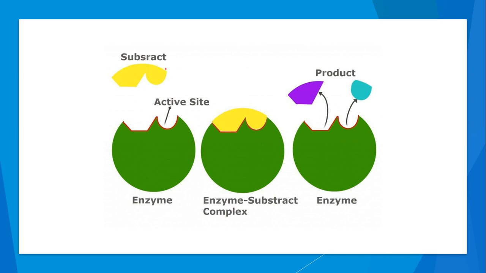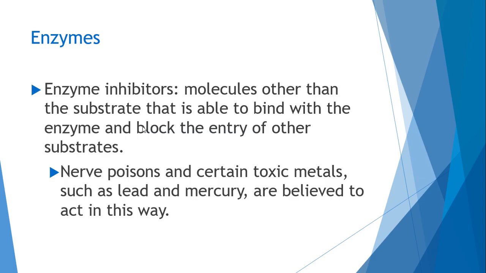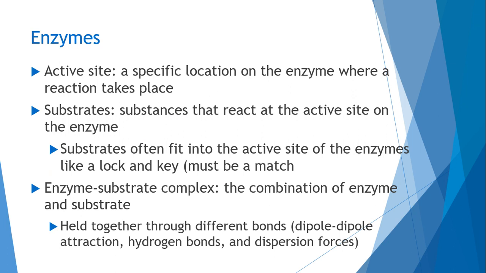Notice that the substrate has a certain shape, and that shape must fit this active site. So I'm going to put substrate because that's how we learn it. They have to fit into this active site. Now, when those substrates go into that active site, it forms a complex called an enzyme-substrate complex.